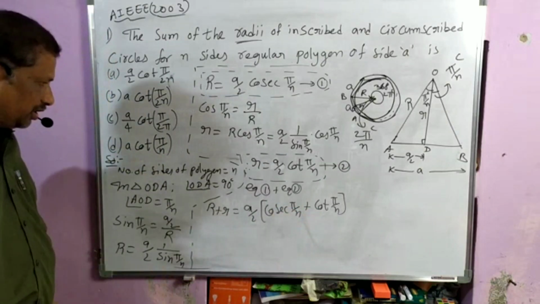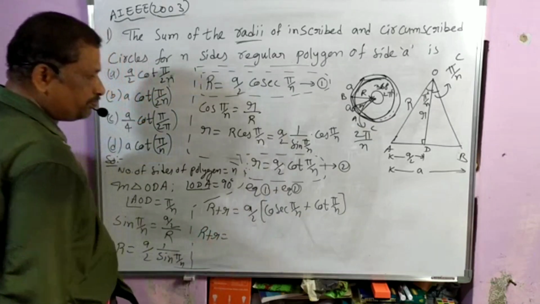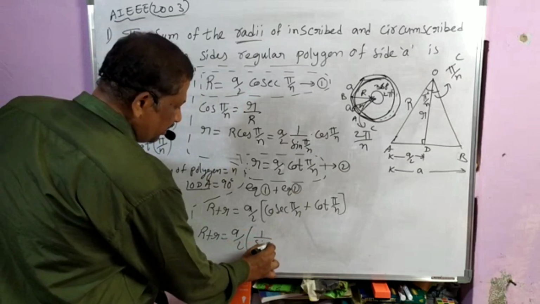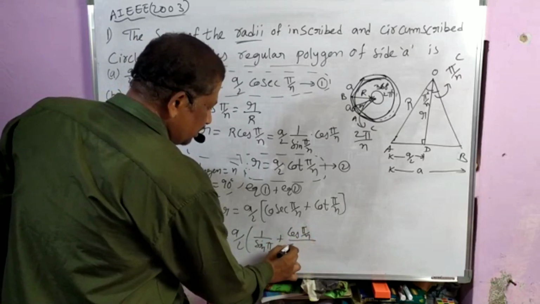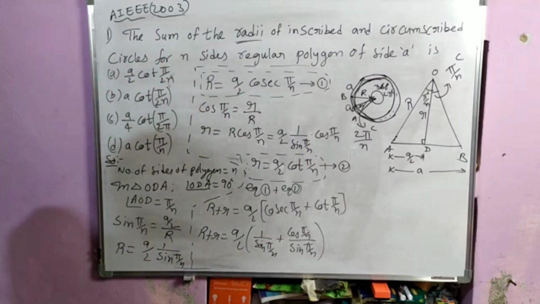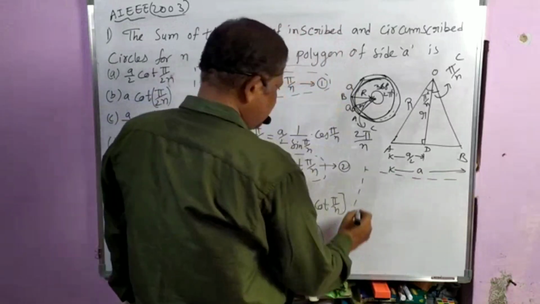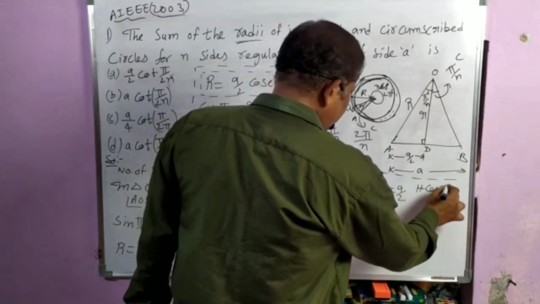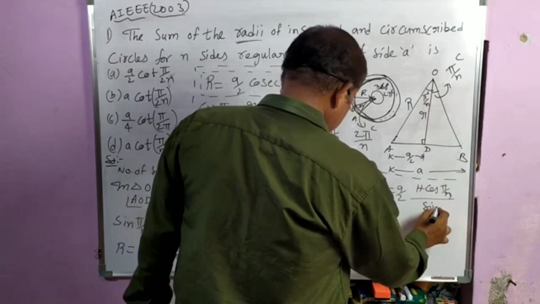Otherwise we write 1 by sine pi by n plus cos pi by n by sine pi by n. Okay? If you take the LCM, what do you get? R plus r is equal to A by 2 times 1 plus cos pi by n, by sine pi by n.